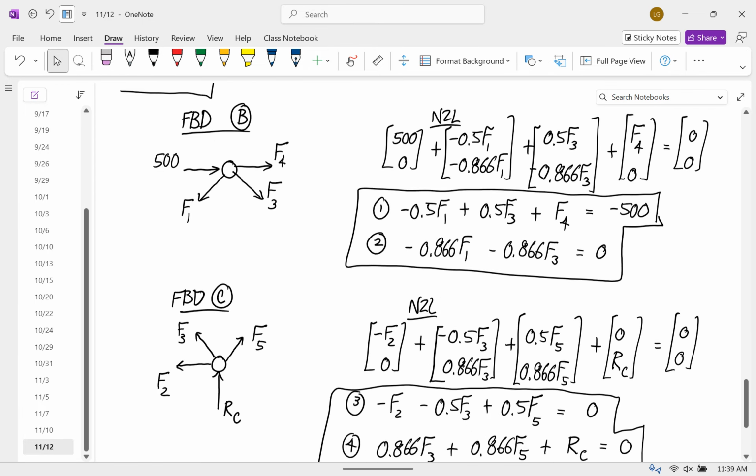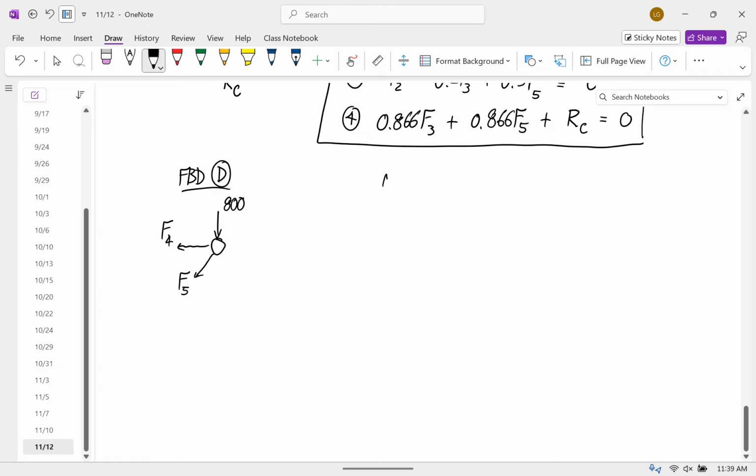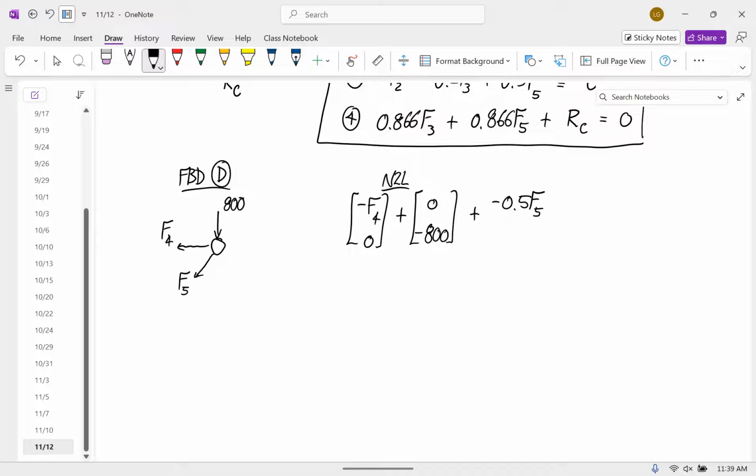And that is everything. So Newton's second law says negative F4, 0, plus 0, negative 800, plus negative 0.5 F5, negative 0.866 F5 is equal to zeros.